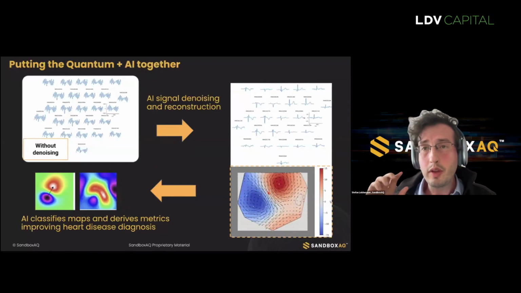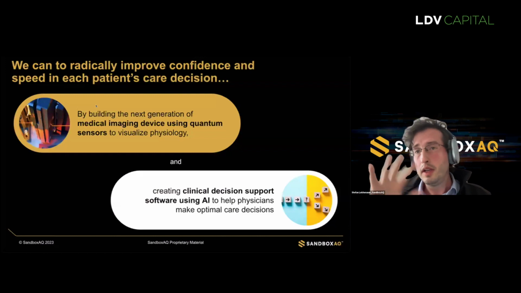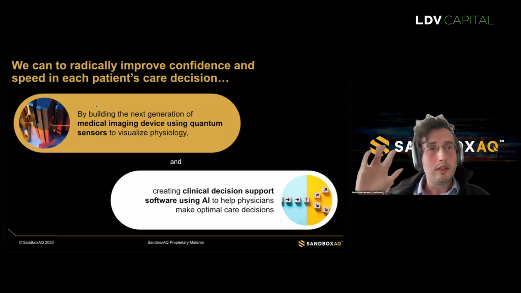Again, in order to process this data, which is very noisy, we have to process it using AI and simulation, and then create new kinds of medical diagnostic techniques. And these things are being built right now, being tested, and it's a very exciting time.